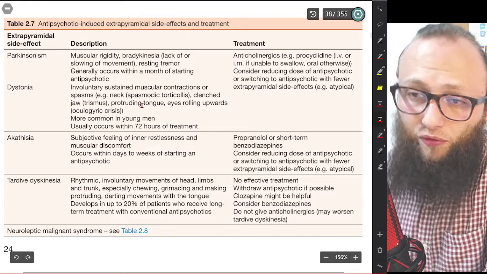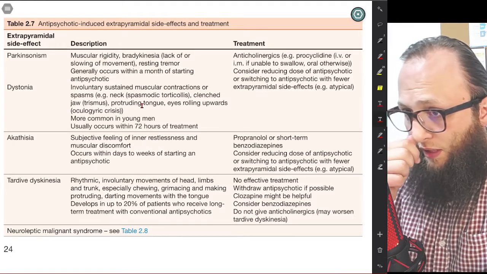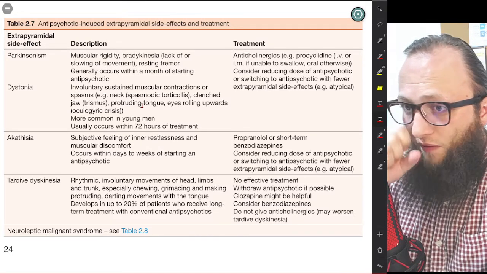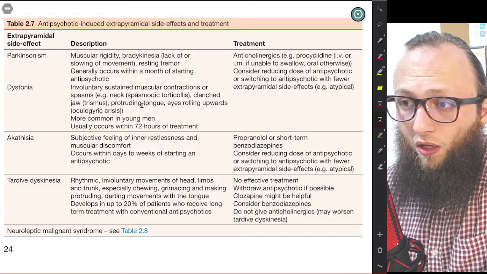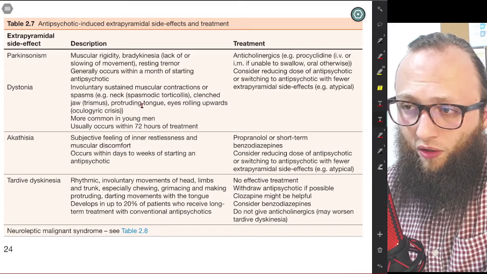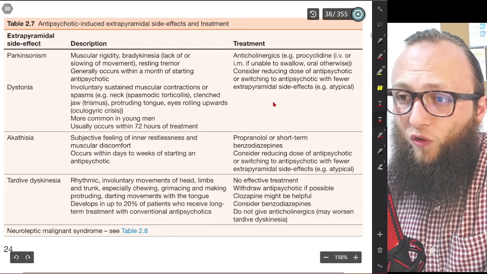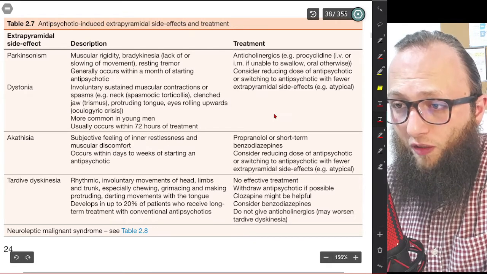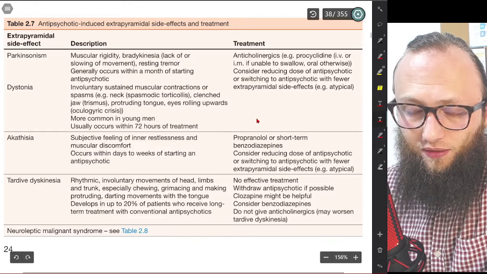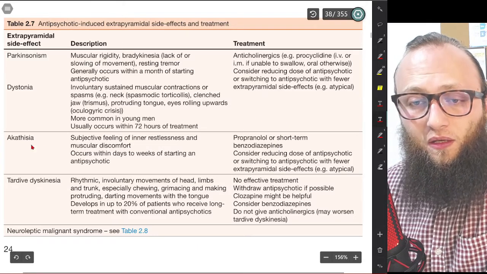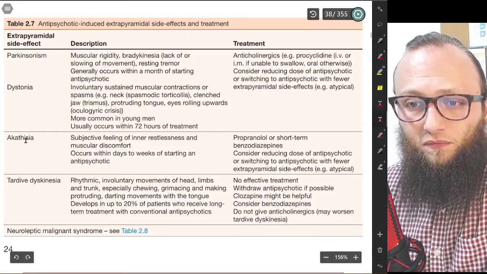The treatment for that is anticholinergics, procyclidine IV or IM if unable to swallow, and oral otherwise. Consider reducing dose of antipsychotic or switching to antipsychotic with fewer extrapyramidal side effects, like atypical antipsychotics. What about akathisia?